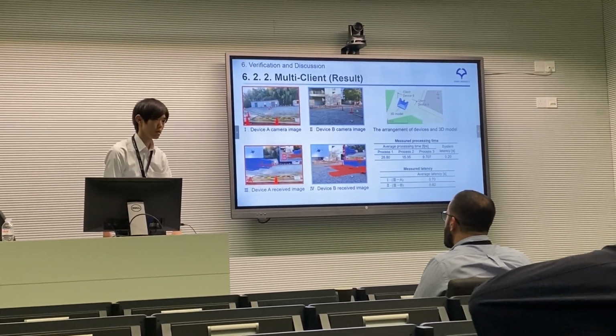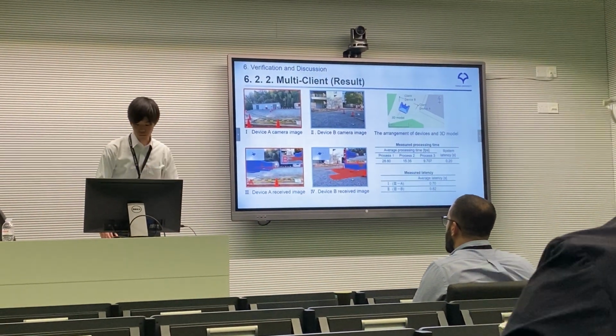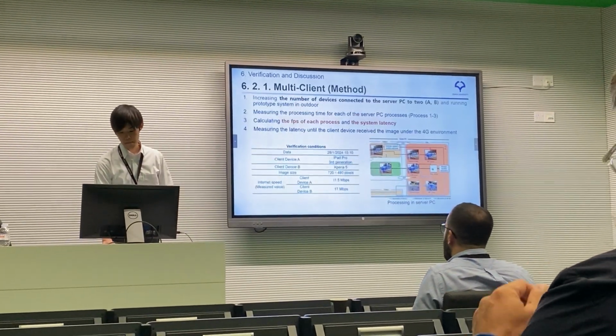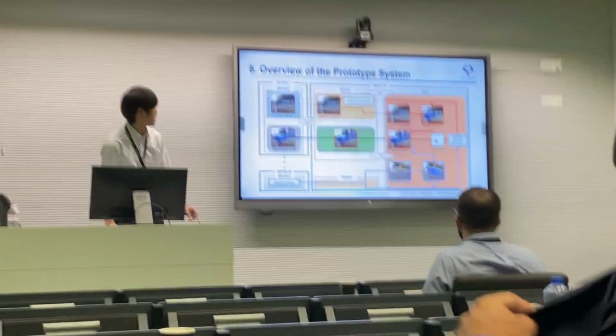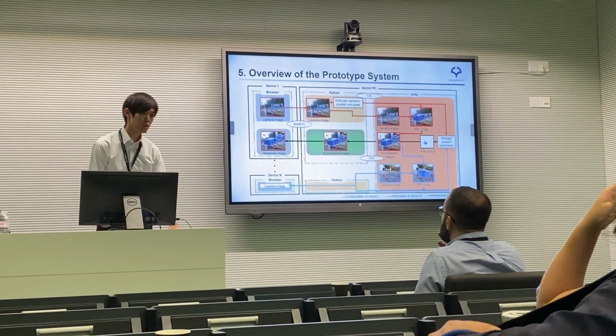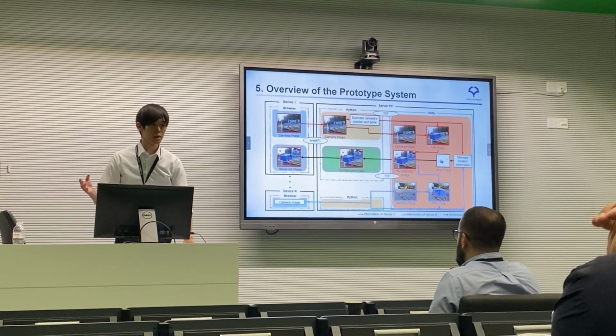3D map. Gaussian splatting. Yes, the 3D map. In this system we use the immersive service. Immersive service is providing VPS.